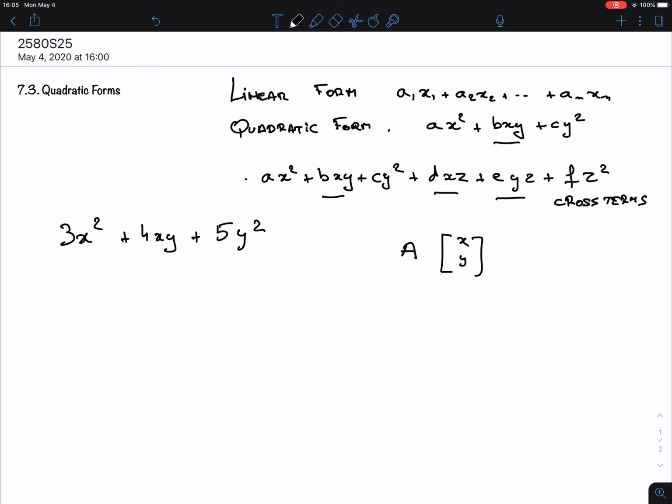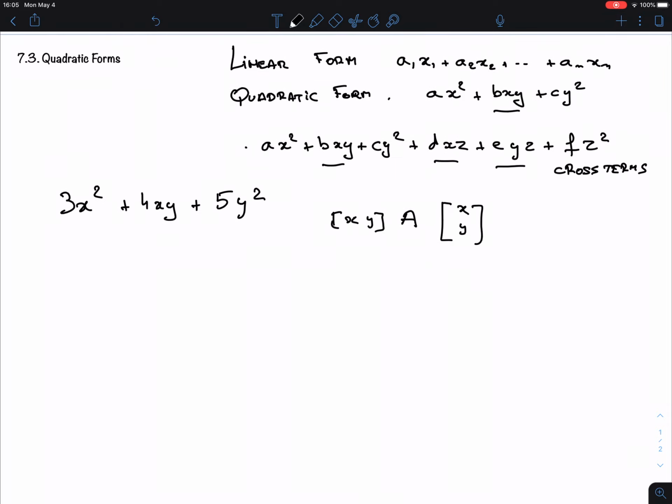I'm going to get expressions, linear forms, two of them, right? This is a 2 by 2 matrix, right? So that's not what I want. I want a quadratic form. And so what I'm going to do is multiply it also with a row of the variables.